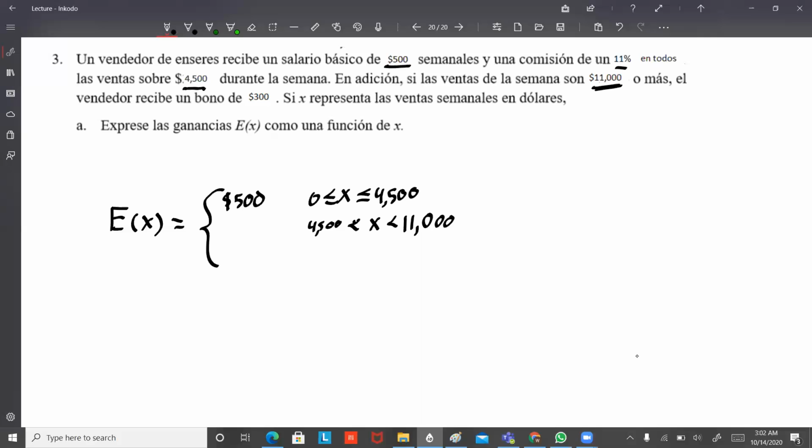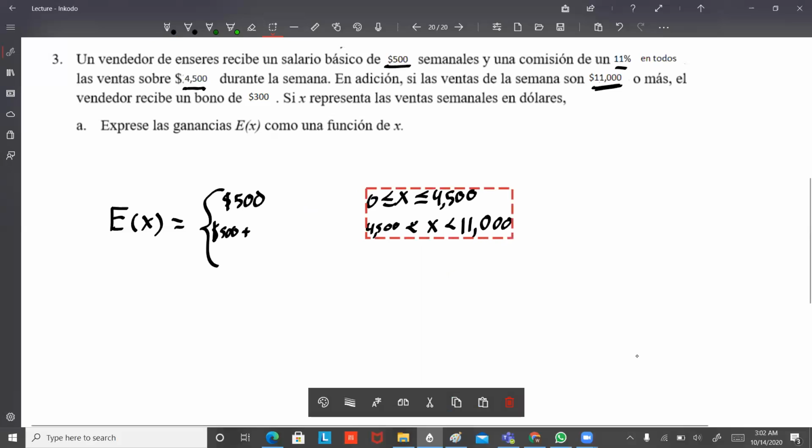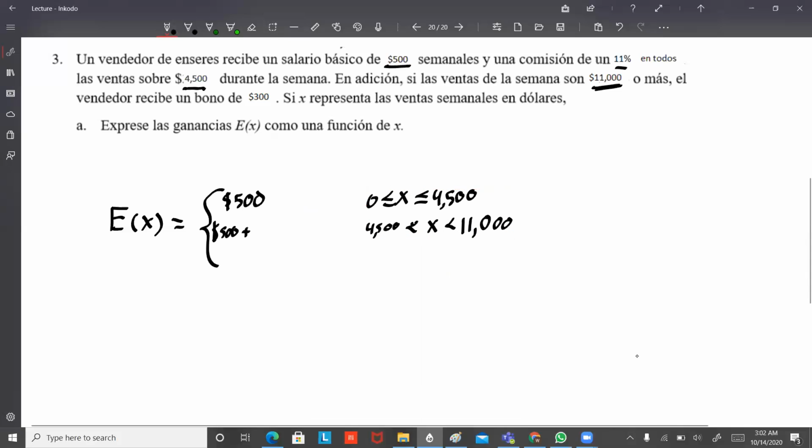So right now we're sitting right here, and what we have is our original base pay, so it's going to be $500, and then we're going to add to that the 11% times the amount that we've made minus the first $4,500, because if you make, let's say, $6,000 here, right?